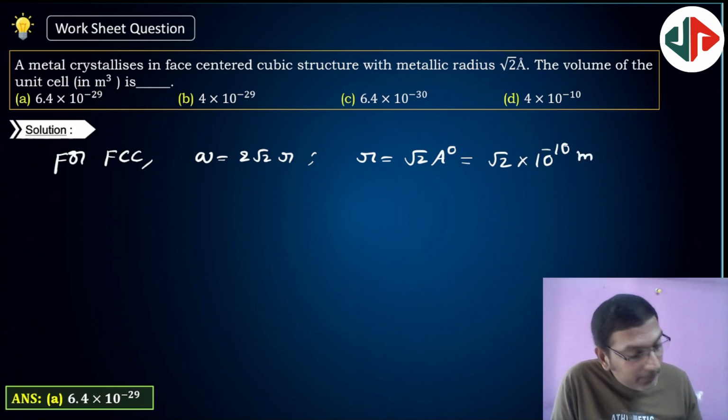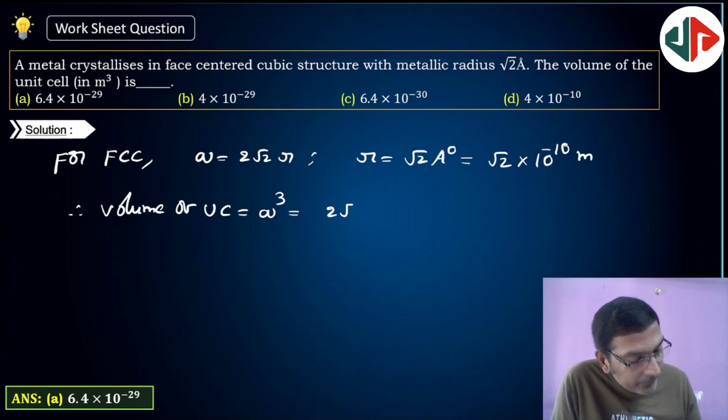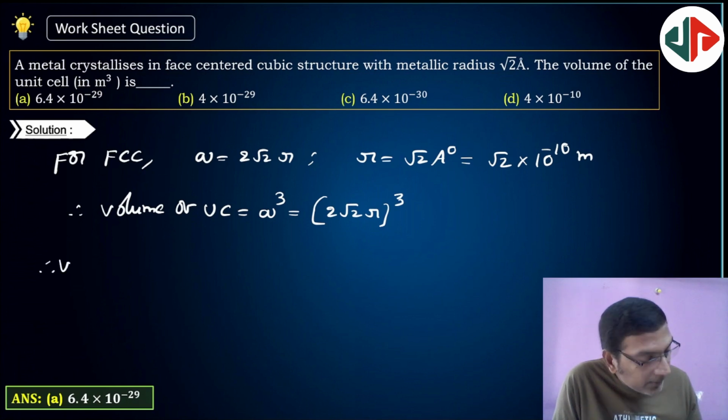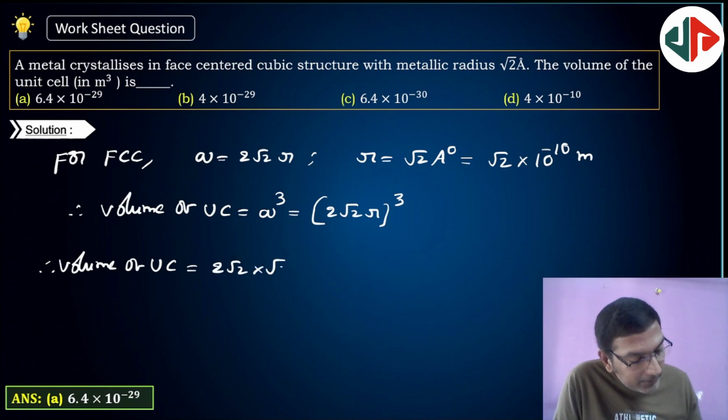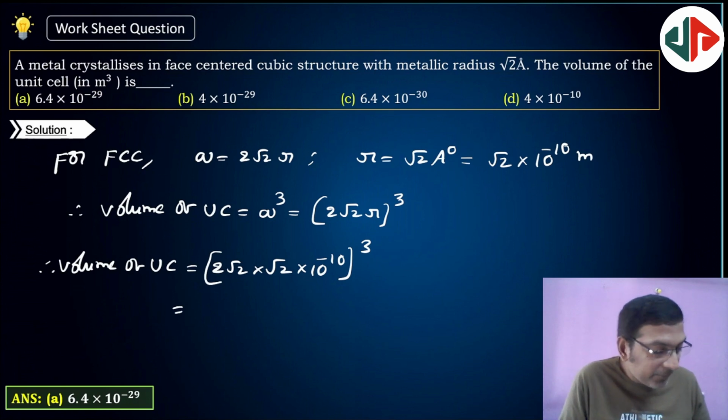So therefore, volume of unit cell equal to a cube, that is 2 root 2 R whole cube, which is equal to 2 root 2 into R value root 2 into 10 power minus 10 meter cube, that is 4.